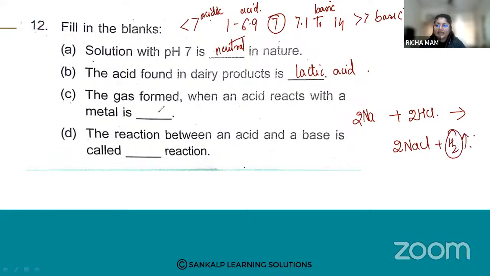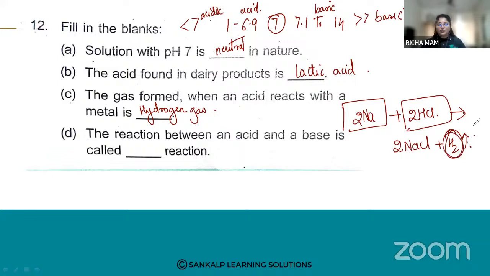So what is the gas liberated? It is the hydrogen gas. So when a metal reacts with the acid, which gas is released? It is the hydrogen gas.